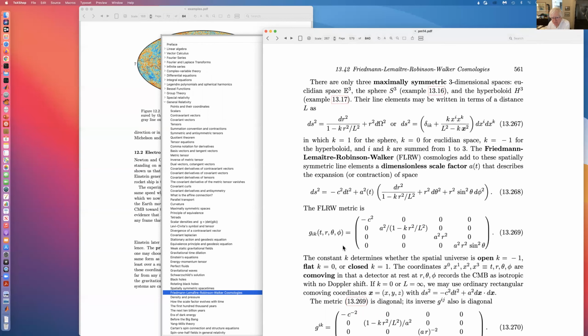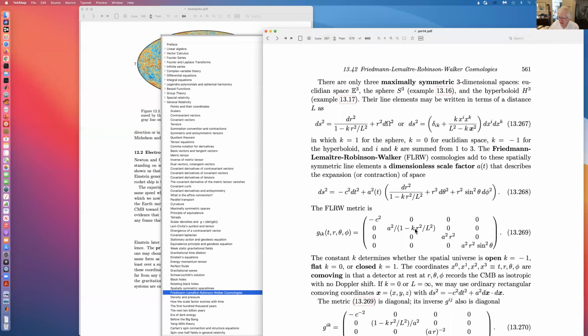The metric here has a minus sign, minus c squared, where the time multiplies dt squared. But then you see it's something over 1 minus k r squared, and then an r squared d theta squared and r squared sine squared theta d phi squared. So this is called the Robertson-Walker metric. It's three metrics actually, for k equals minus 1, plus 1, or 0.